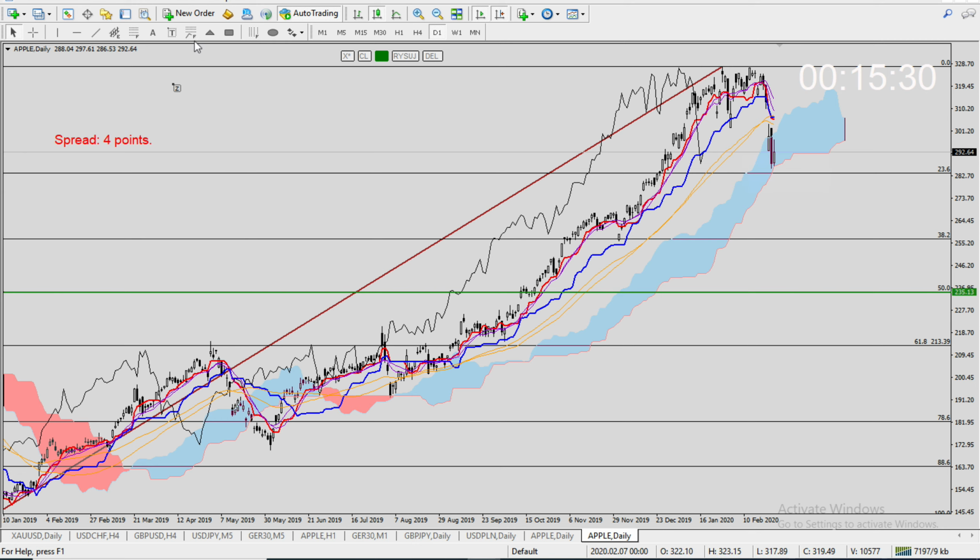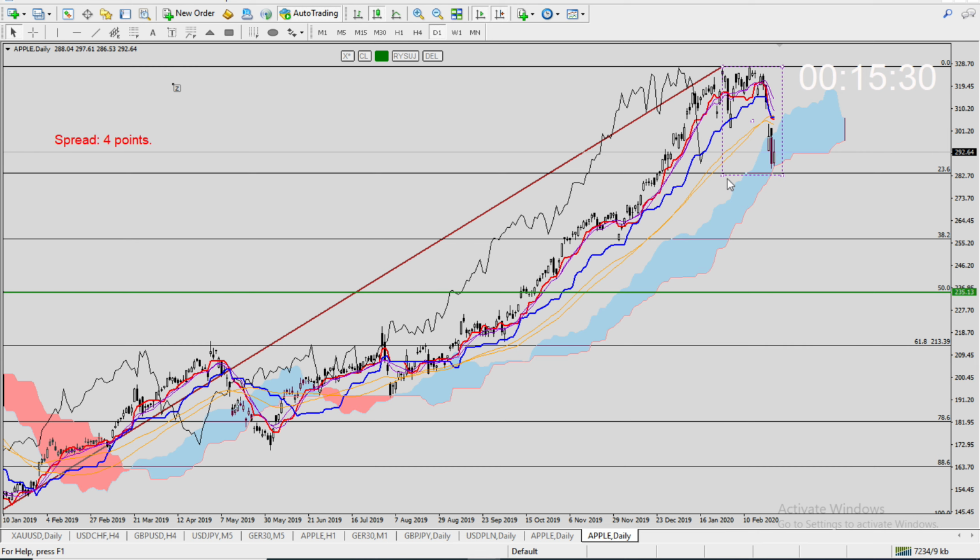So for now, if we have a look at the size of the correction, if we measure this one real quick and put it on this one here, we can see that once we break this level, 23.6, then we can talk about the downtrend developing.